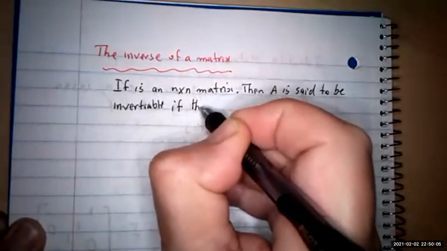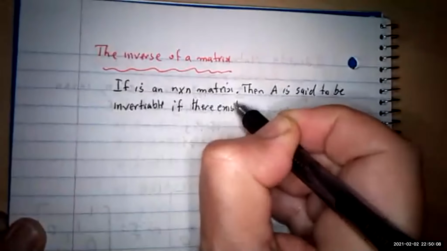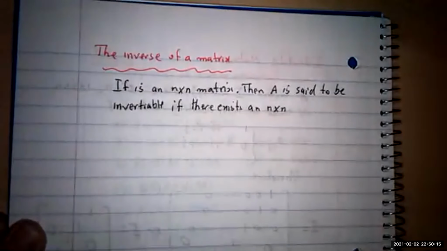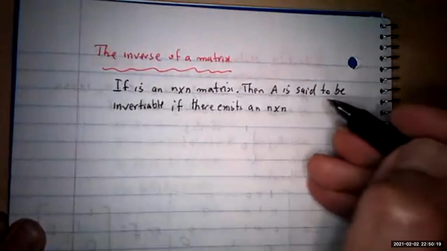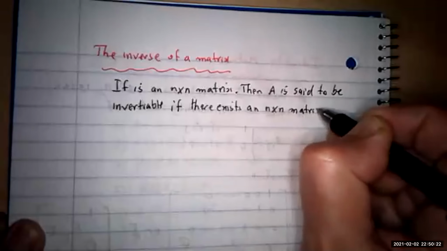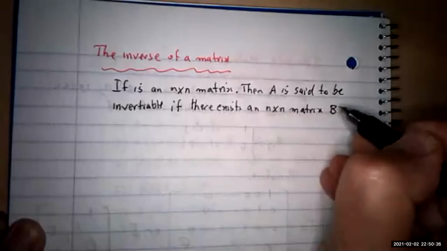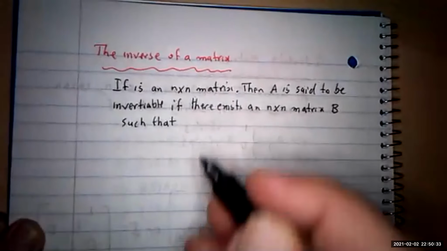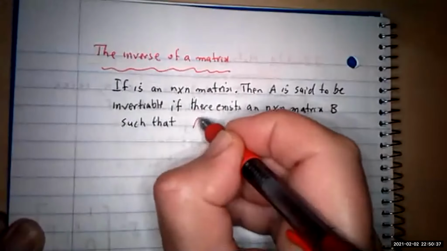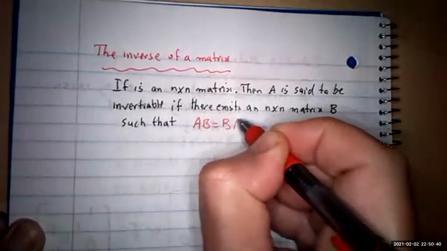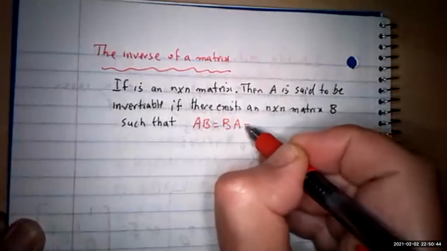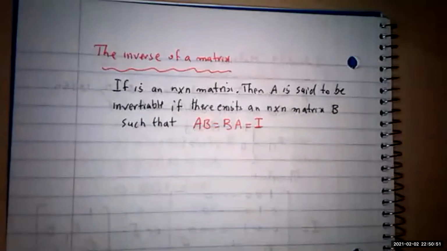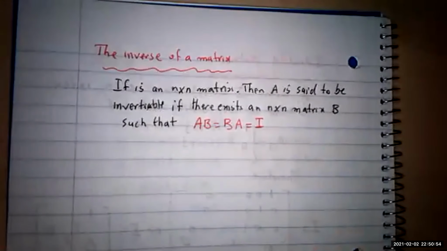A is said to be invertible if there exists an n by n matrix B such that A times B is equal to B times A, and the result is an identity matrix, like the one we talked about.